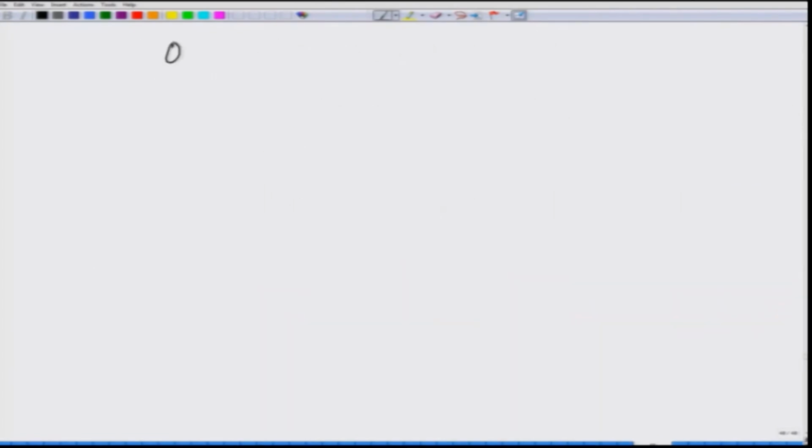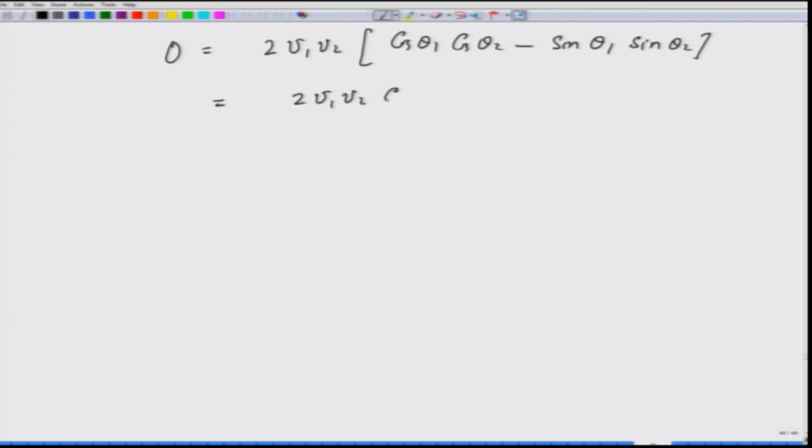So, I get 0 equals 2 v1 v2 cosine of theta 1 cosine of theta 2 minus sine of theta 1 sine of theta 2, which is nothing but 2 v1 v2 cosine of theta 1 plus theta 2, which immediately tells me that cosine of theta 1 plus theta 2 is equal to 0, or theta 1 plus theta 2 equals pi by 2.